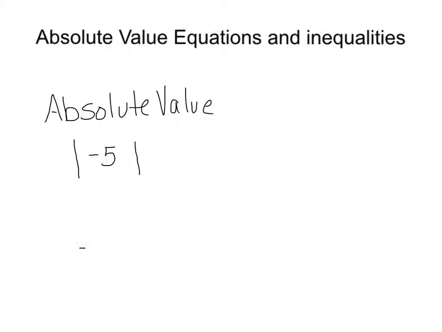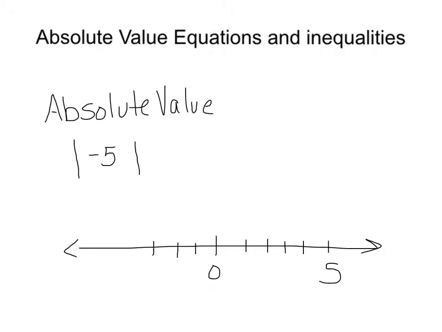When I think about a number line, I'm going to find where the number -5 is located on a number line. But absolute value always means the distance away from 0.